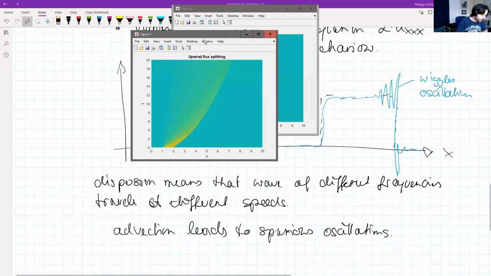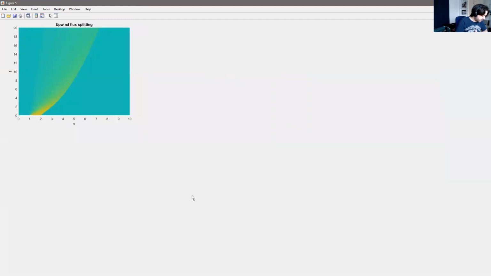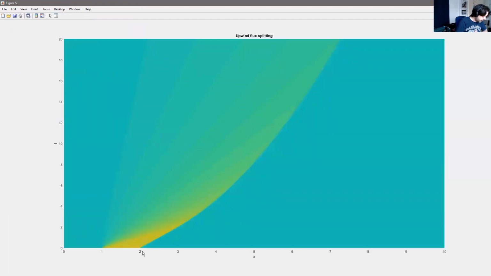This is maybe what I can see on this scheme: first I have a speed of 1/2, and then when the expansion fan starts to hit the shock, then I have a shock speed that is slowly changing, and so it's a little bit curved, and then at some point it becomes nearly a constant speed again. So this here is the exact solution, the correct solution, of a top hat signal evolved using the Burger's equation.